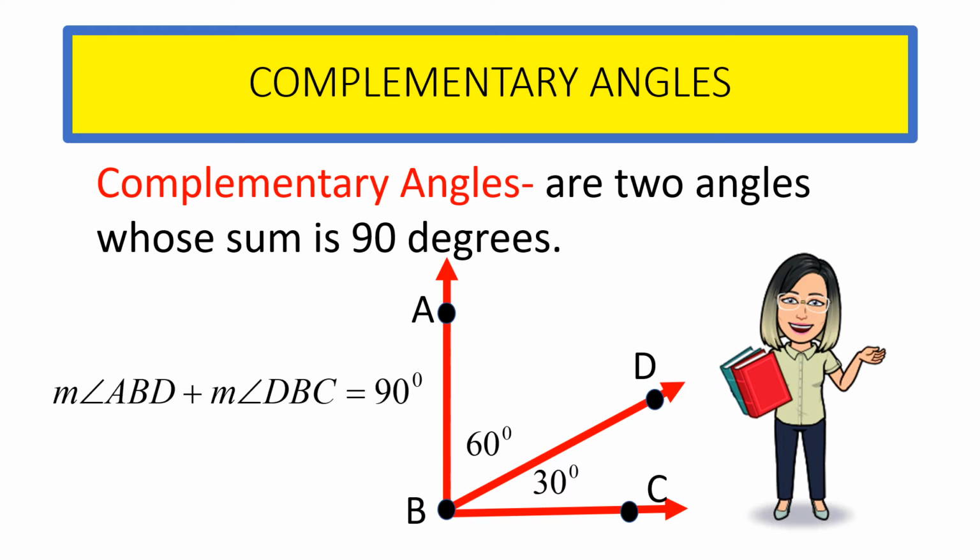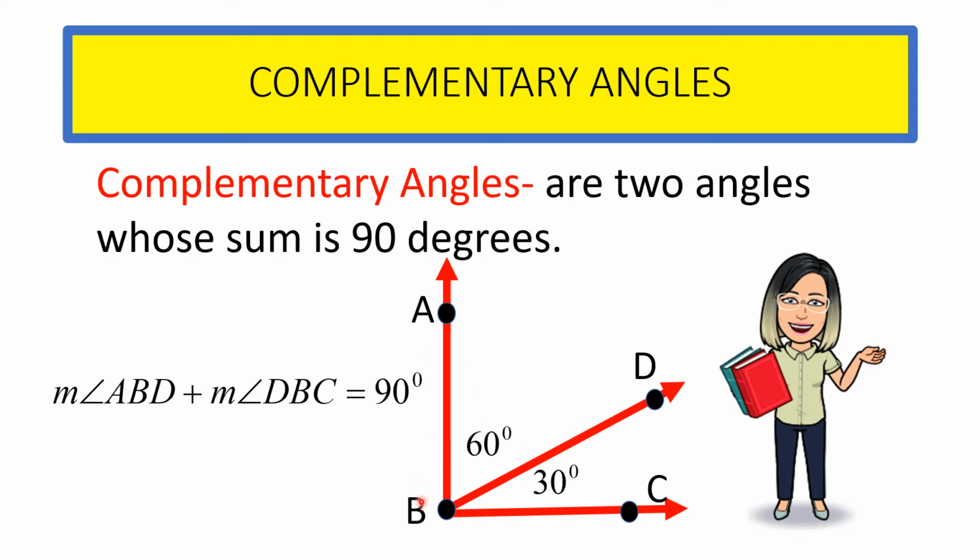Complementary angles are two angles whose sum is 90 degrees. We have angle ABD. The measure of angle ABD is 60 degrees. We have angle DBC. The measure of angle DBC is 30 degrees.